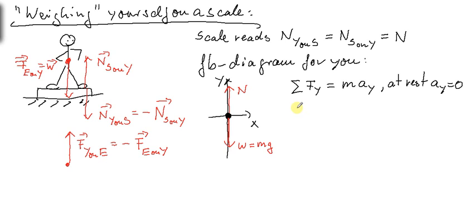So we get the y component of the normal force plus the y component of the weight is, because the acceleration is 0, 0. The y component of the normal force is in the positive direction, the magnitude of the normal force, in the negative direction, the magnitude of the weight, and that equals 0. So from that it follows the normal force is equal to your weight, and we know your weight is mg.